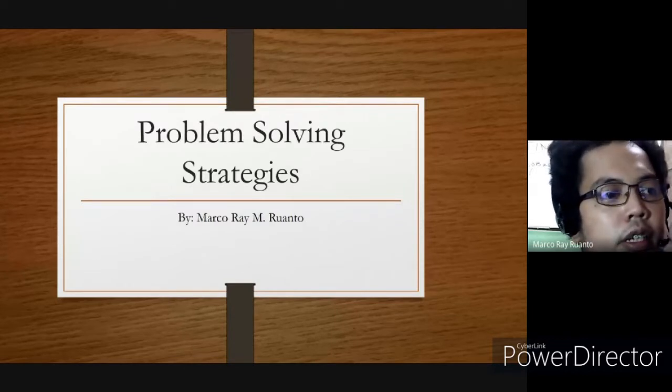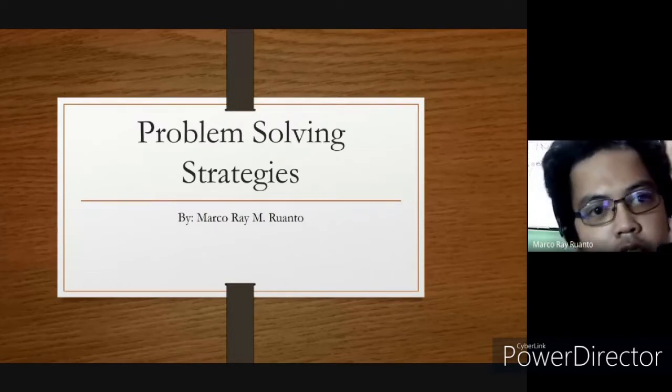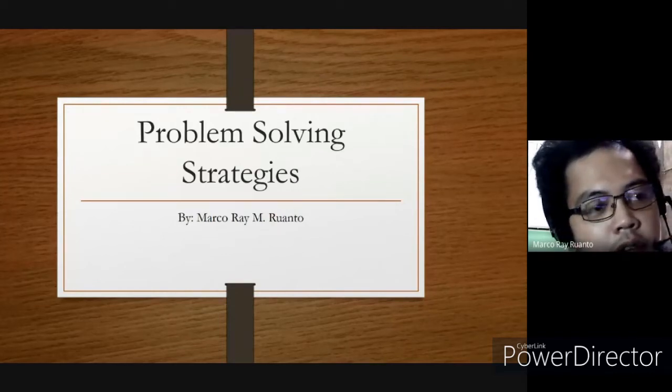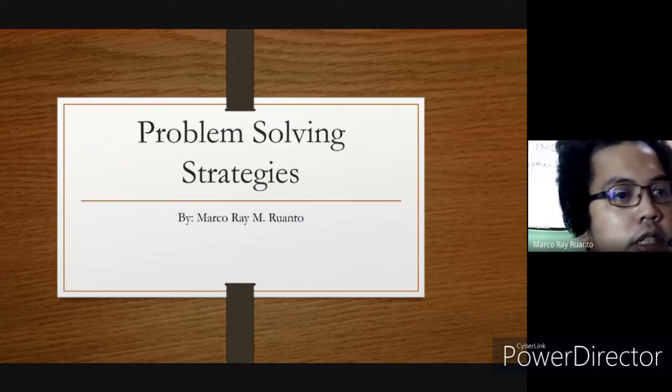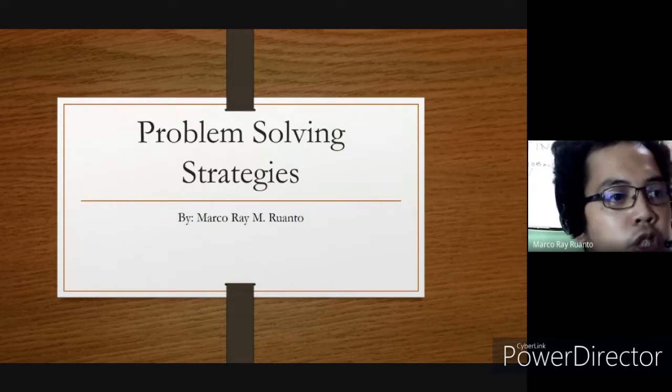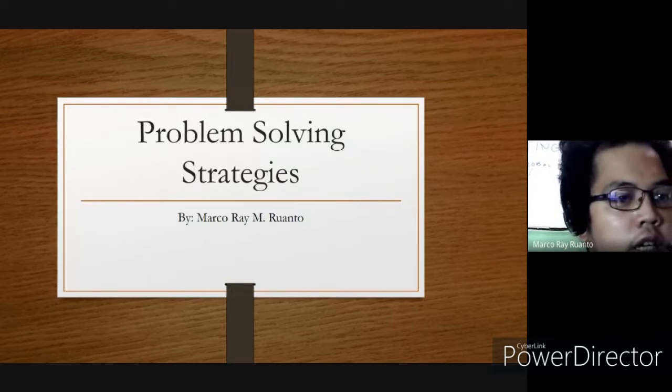These strategies are mentioned in devising a plan, and we will try to give examples for each strategy that we have mentioned in that part of Polya's model, that devising the plan.